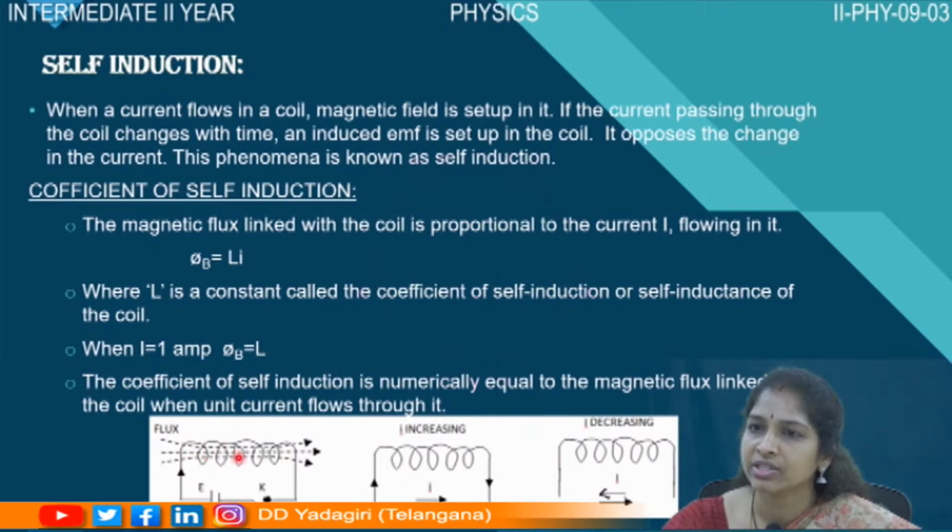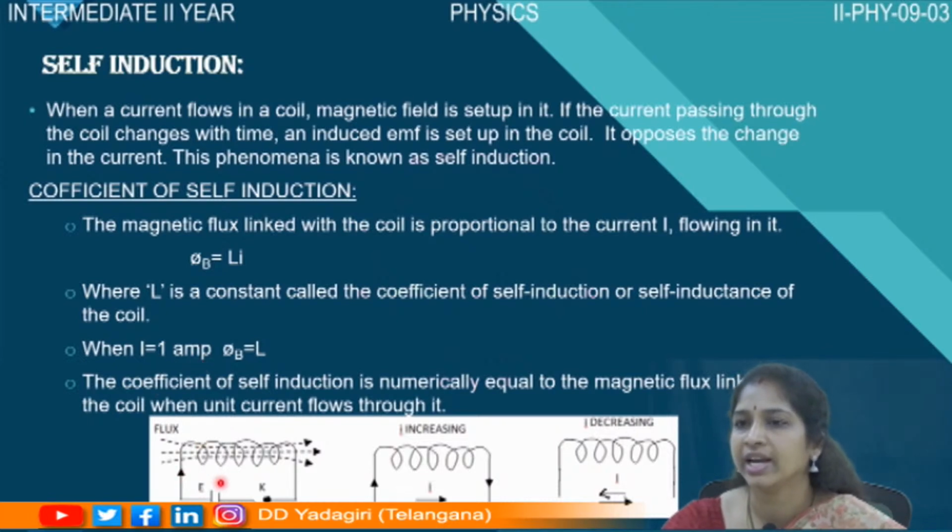There is a change in the magnetic field which produces the magnetic flux. So flux is directly proportional to the current passing through this coil. If you remove this proportionality, we get a constant. So phi B equals L because the current passing through the coil is 1 ampere.